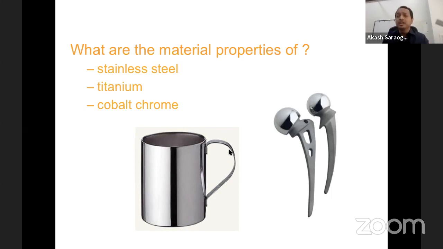So initially, the titanium hips, where the stem was made of titanium and the head was made of titanium, had a very high failure rate. Why? Because even the smallest amount of scratch would make it wear out. That's why we do not make titanium heads anymore.